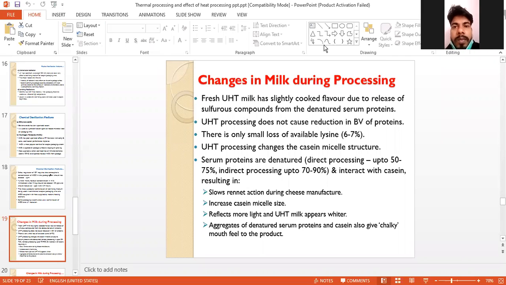Why is my picture not coming? My face is why not coming? Rajkumar, you can. Yes, hello. My figure is not coming, na?